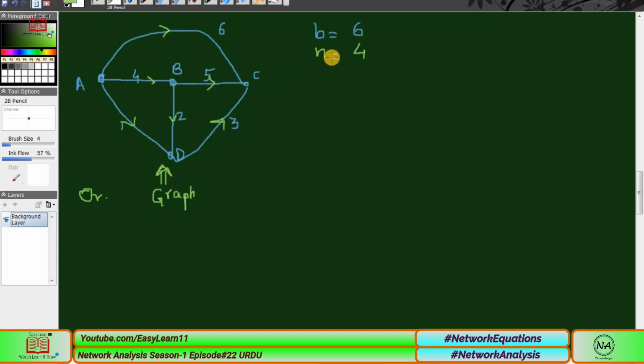The branches now become oriented branches, but we will just use b. Then we discussed that if we connect, for example at this point, like this, this is called ground, and if we connect this at one point, it becomes a datum node. Datum, or simply R, can be used here as a reference.